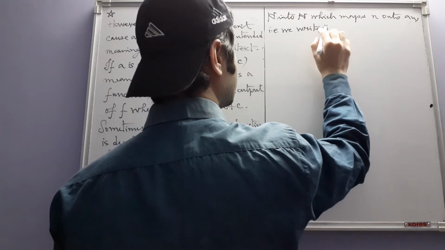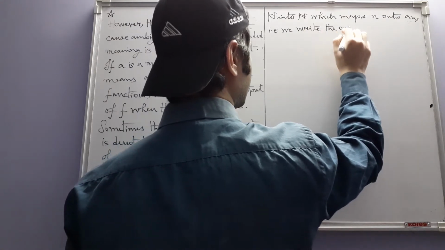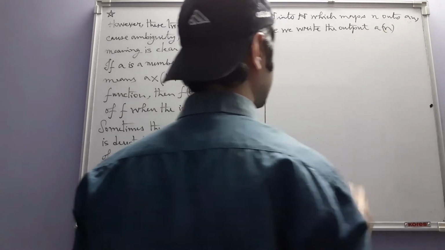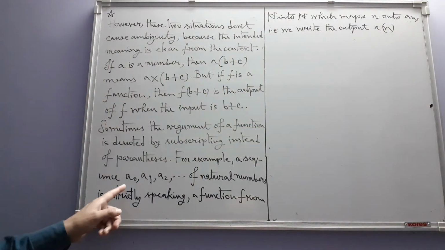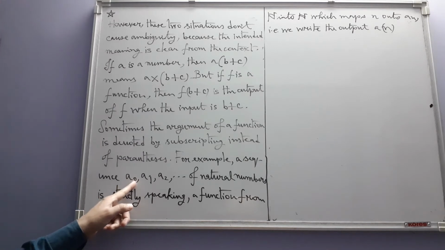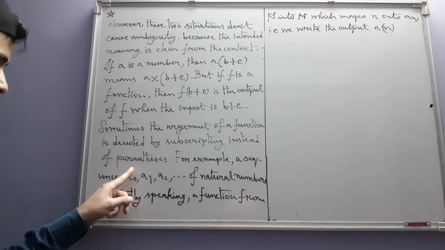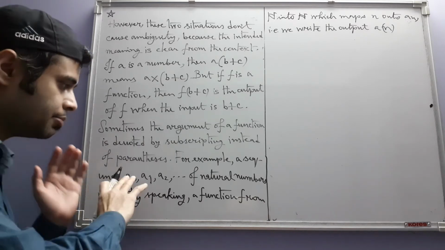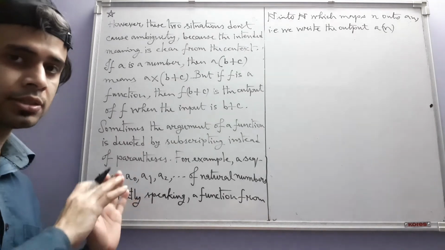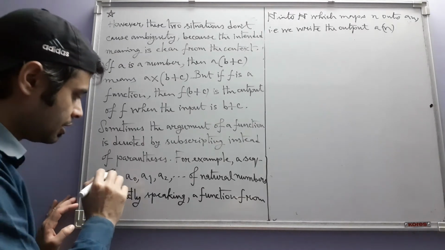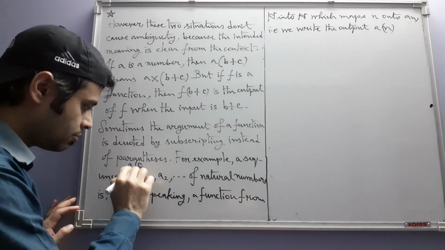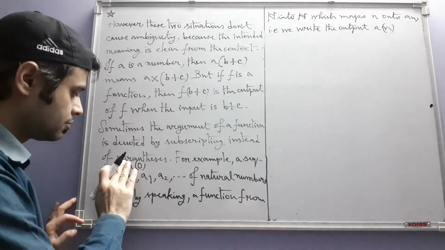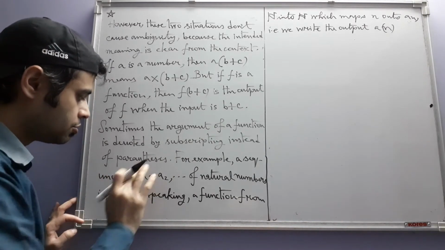we write the output an. See, this is what the function does to the input 0. It maps 0 onto this natural number a0, whatever it may be. That entirely depends on how the sequence is defined. But instead of writing a0, we write that input 0 as a subscript. That's the usual practice.